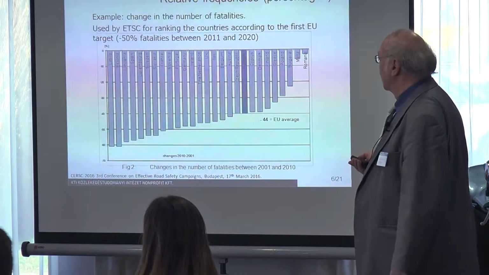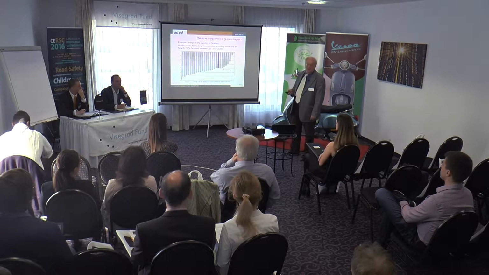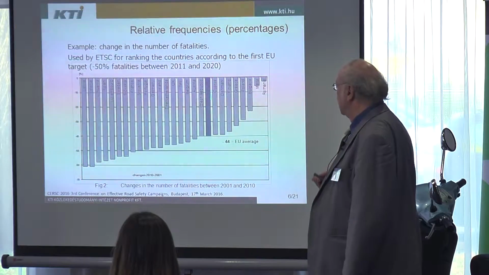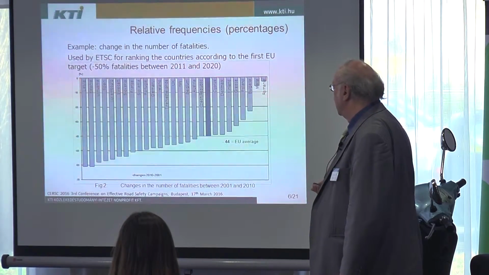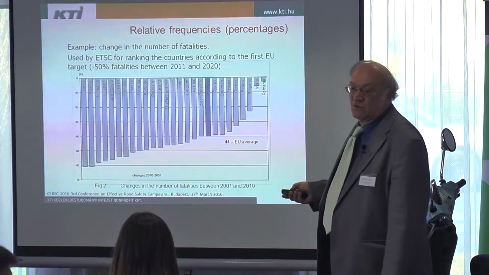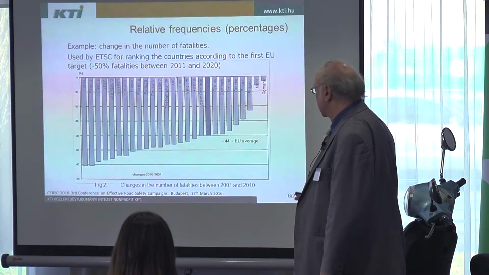I think all of you know this. It was minus 50% fatalities between 2011 and 2020. Here you can see the Hungarian value. It was 40%, and the average for all EU member countries was 44%.